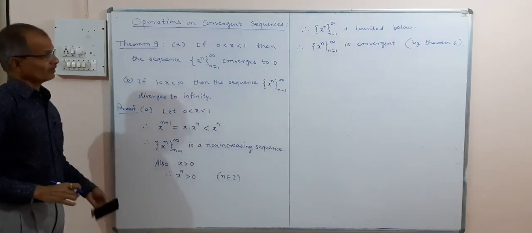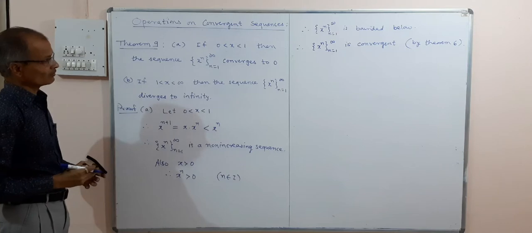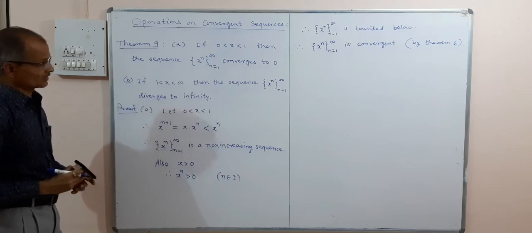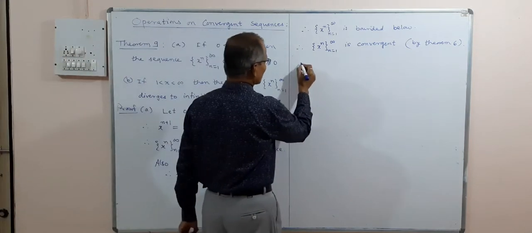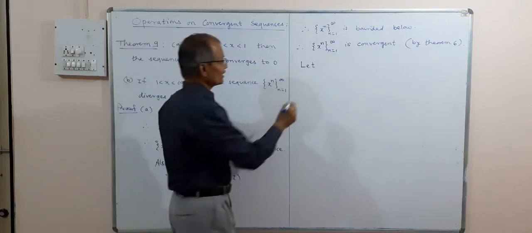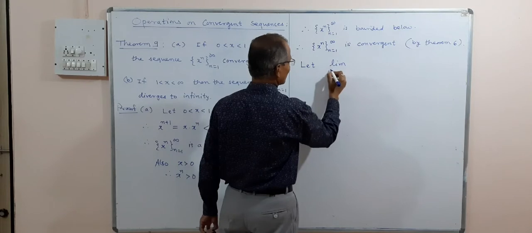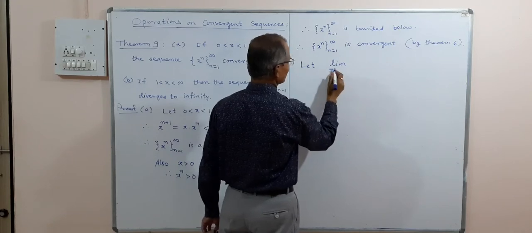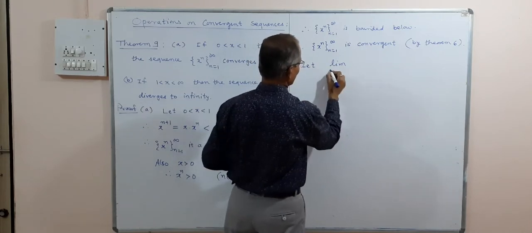And we have shown it is convergent. Now we shall show it converges to 0. Since it is convergent, it has a fixed limit. Let the limit of x raised to n as n tends to infinity be L.